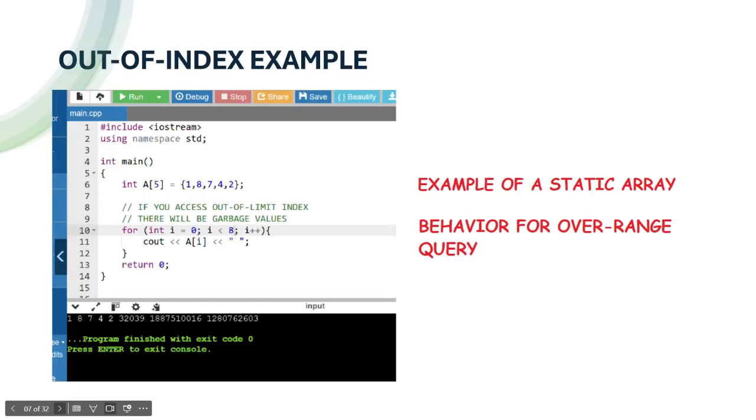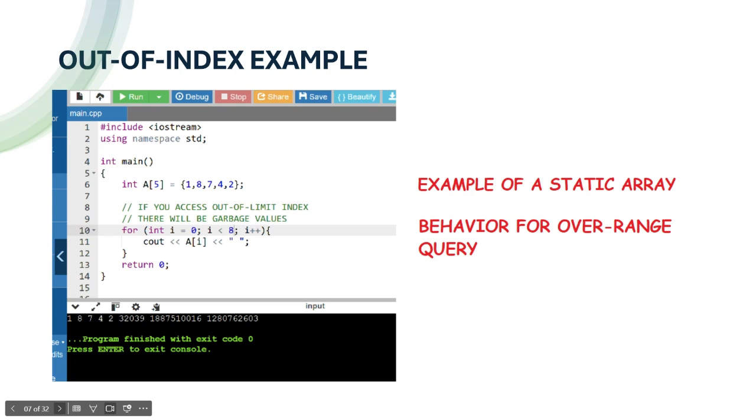So in this episode, we're gonna examine the behavior of a static array in the case of the overrange query or out of index query. So for example, for an array of 5 elements on the screen, the elements are 1, 8, 7, 4, and 2, respectively, with the indexing being 0, 1, 2, 3, 4.